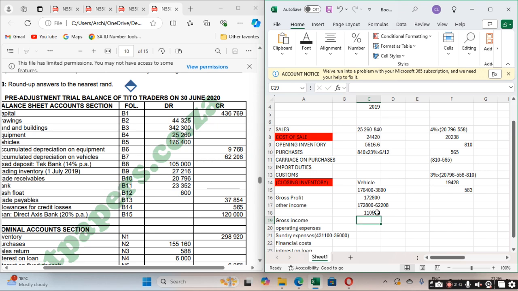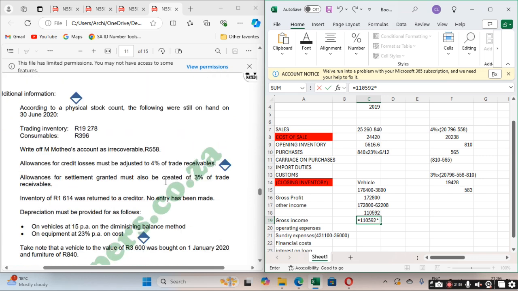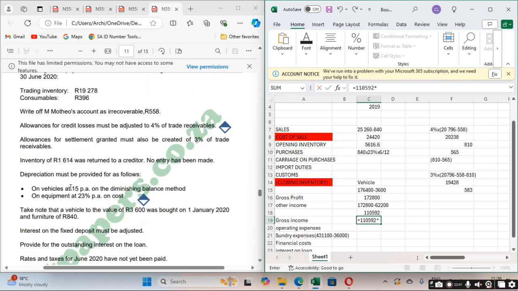So this answer, we're going to multiply it by the percentage, so let's do 110,592 multiplied by what? Percentage. Multiplied by our percentage, which is 15% per annum on diminishing balance, which is 15%. And then say enter. So this is the amount we get.